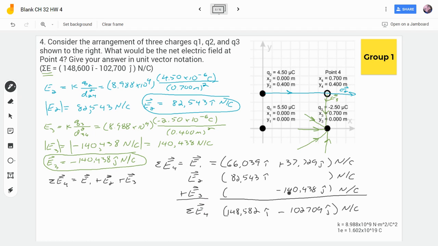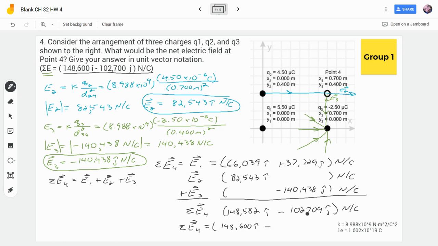I kept lots and lots of sig figs there. If I round this off, I'm going to get the answer up here. Technically, I kept 4 sig figs up here. Yeah, I get a little sloppy with the sig figs, but let me just rewrite it that way. If we kept 4, technically we're only entitled to 3 at this point. But if we kept 4, we would have 148,600, since 582 rounds up to 600.